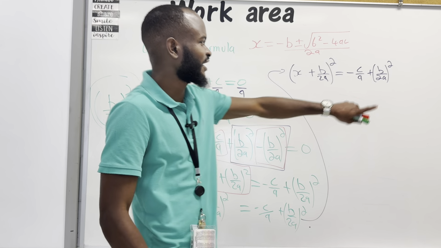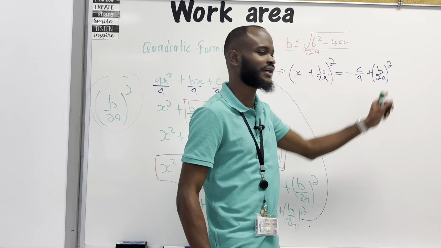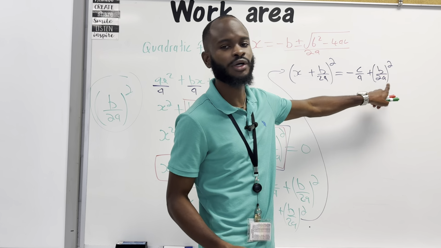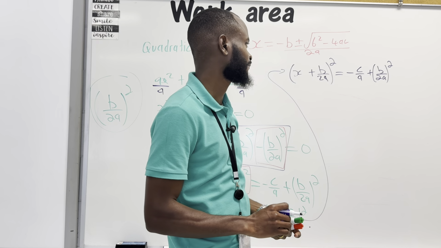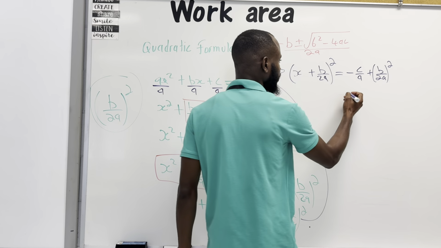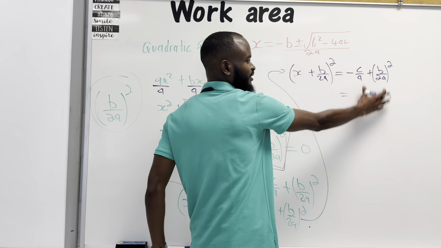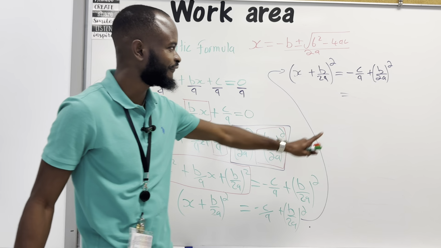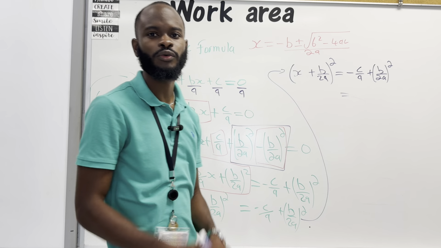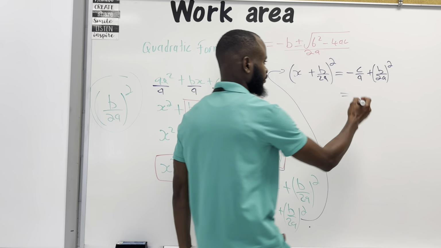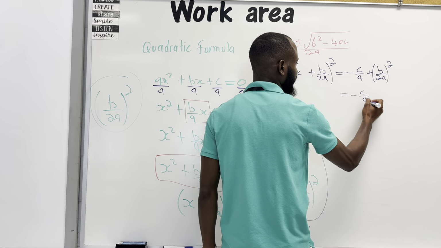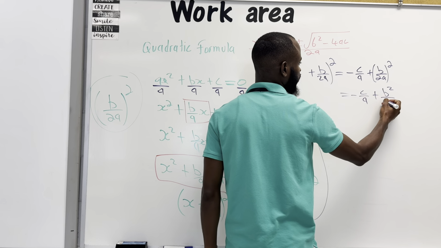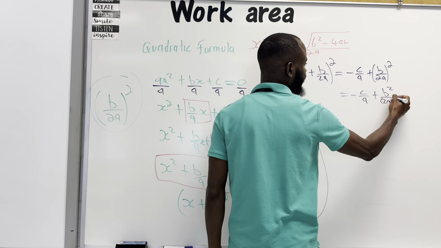Now, we have a fraction here and we're squaring the entire fraction. It's the same as squaring the numerator divided by the square of the denominator, right? So this would be equal to, we're just going to focus on this side for now. We're not going to touch this side as yet until we're finished simplifying that side how we want it to be. So we're going to have negative c over a, and that's going to be plus b squared all over 2a all squared.